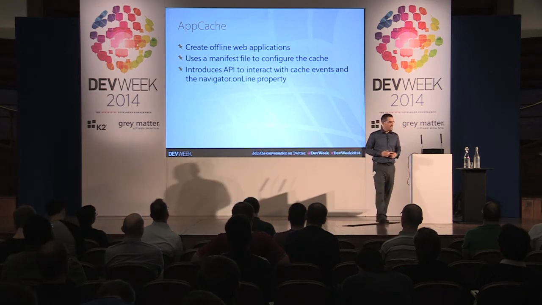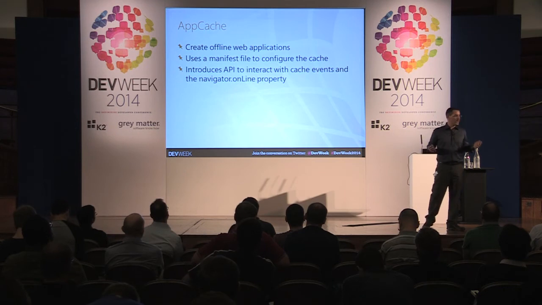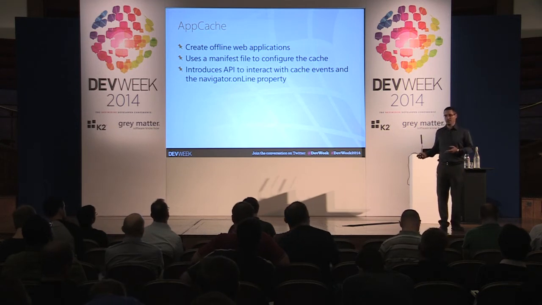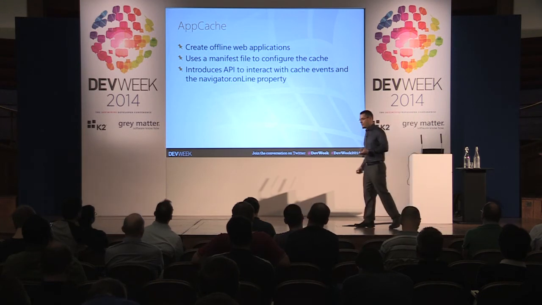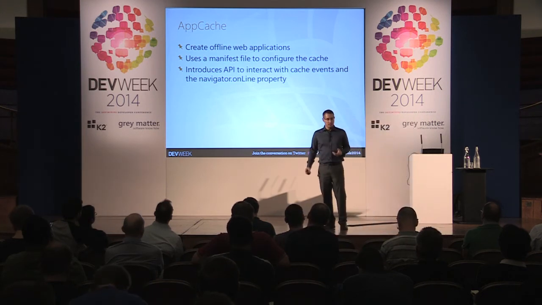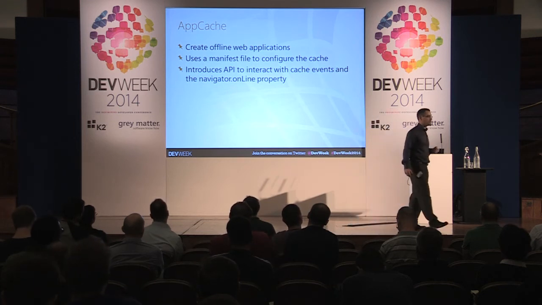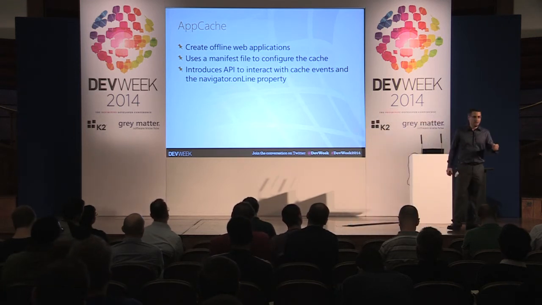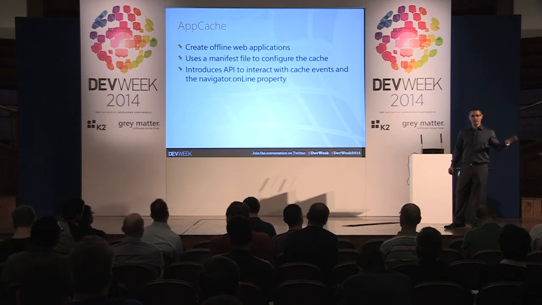As it seems, HTML5 brings the opportunity to create offline web application using the app cache API. The app cache API exposes you the opportunity to download all the resources for your application to the client side, and once they are downloaded to the client side, they are always taken from the cache.